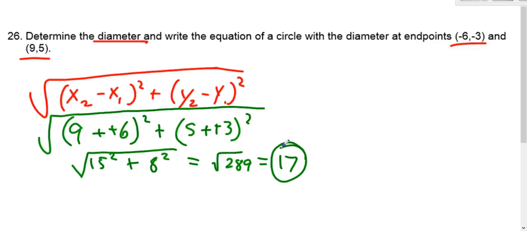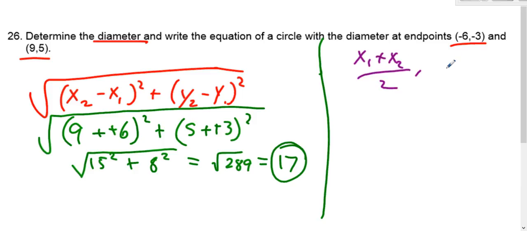Now, to write the equation of the circle, we need to know the center. The center is the middle of the diameter. Midpoint, the midpoint of the diameter. So we're going to find the midpoint of these same 2 points. So we're going to do x1 plus x2 divided by 2, y1 plus y2 divided by 2.